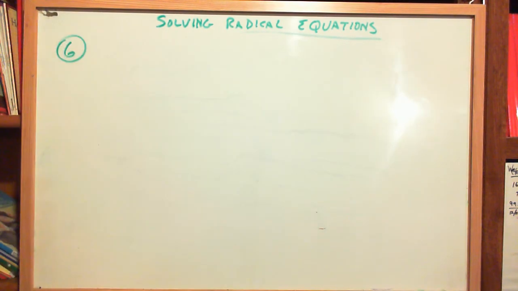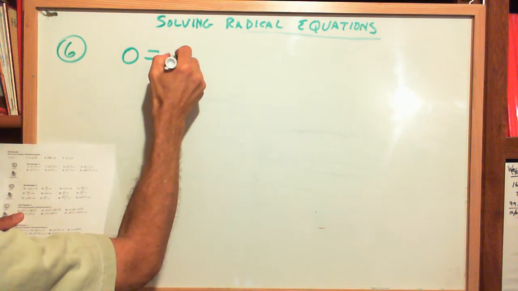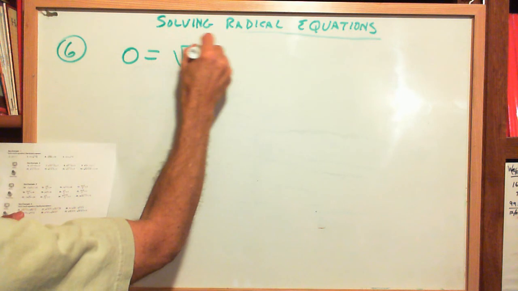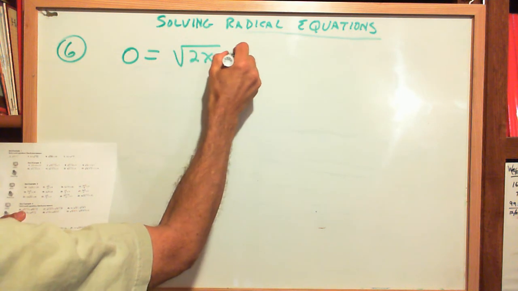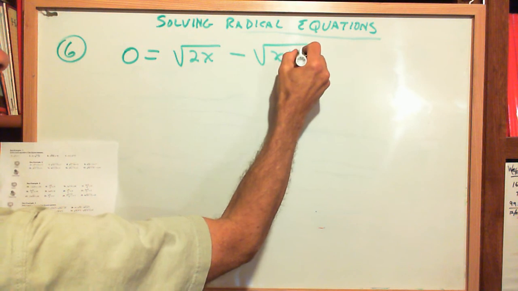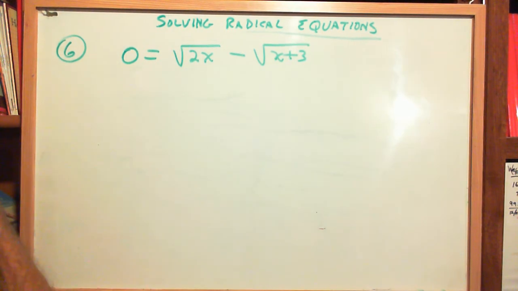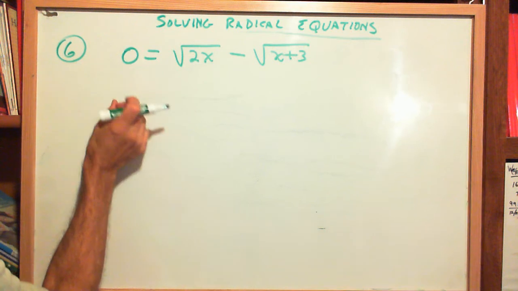Hopefully I can find one of those on here. What if I had something like this? 0 is equal to the square root of 2x minus the square root of x plus 3. Over here I have a 0.